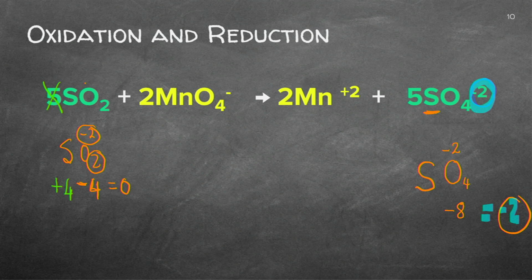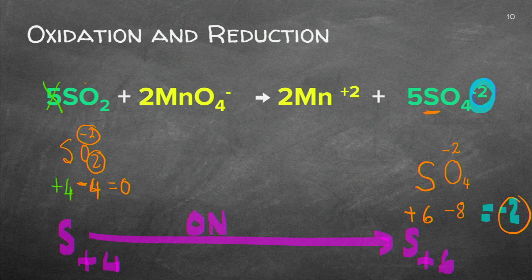I've got 1 sulfur. If it's a minus 2 answer, it has to be plus 6. Now, let's have a look at the sulfur changing. Can you see it was plus 4 here, and it changed to plus 6 there. The oxidation number is increasing, so it is an oxidation reaction. Have you got that?